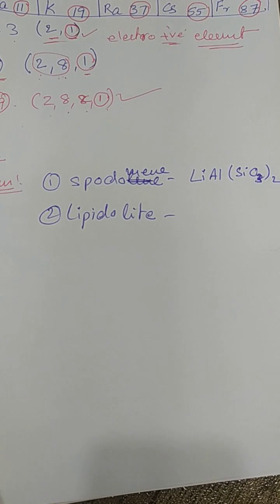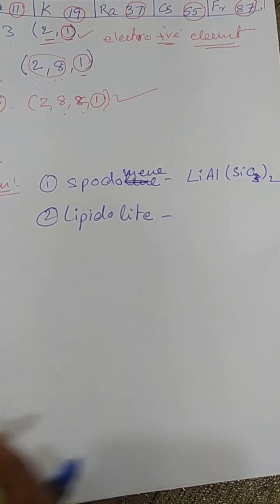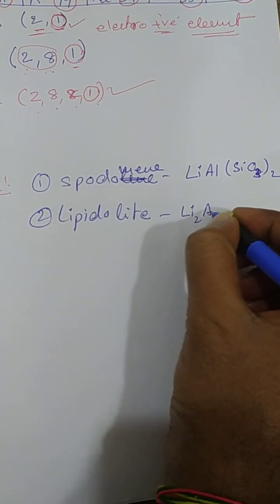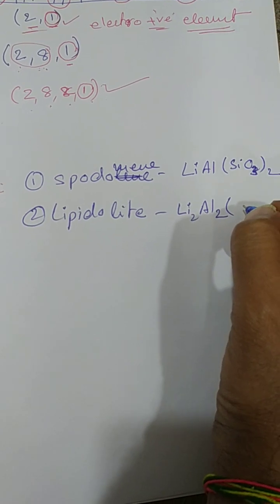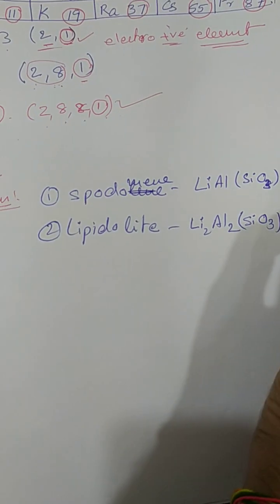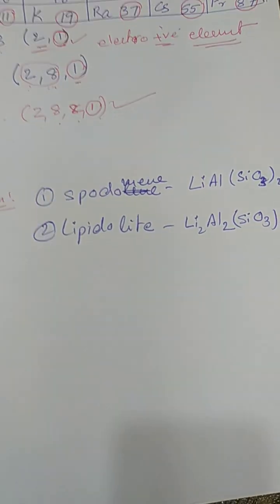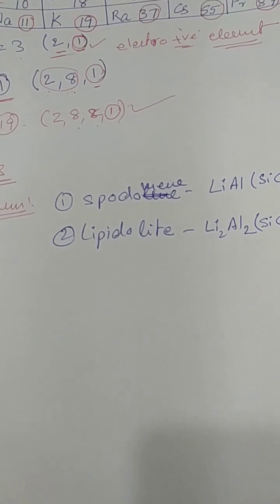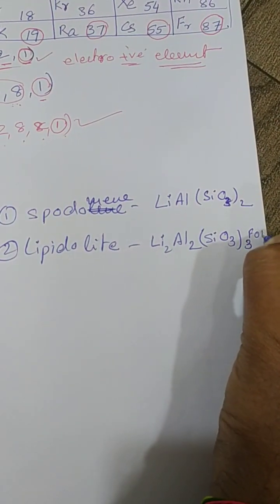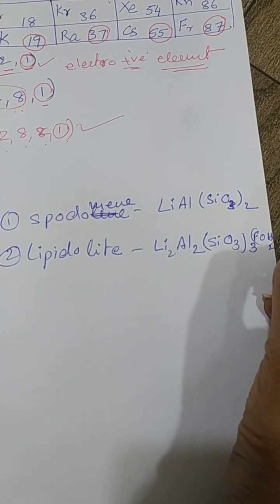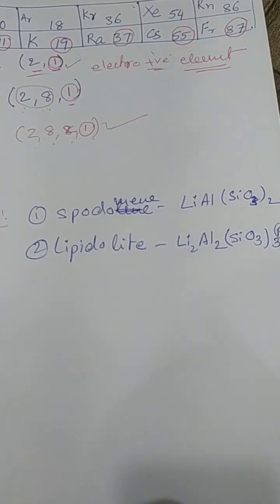Lepidolite is also a high yielding lithium compound, a lithium aluminum silicate, Li2Al2SiO3 with some amount of fluorine hydroxide.